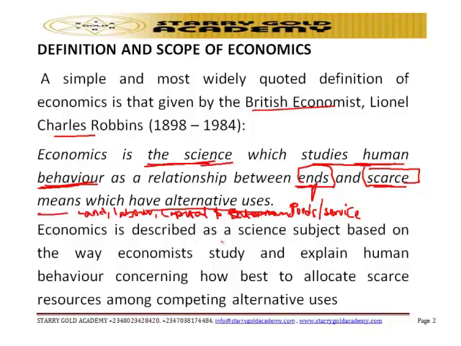So economics is described as a science subject because of the way economists study and explain human behavior. It is seen as a science because of the manner in which human beings react to the environment, how they relate to their wants, to the scarce resources available, and to the factors of production, which include land, labor, capital, and entrepreneur.